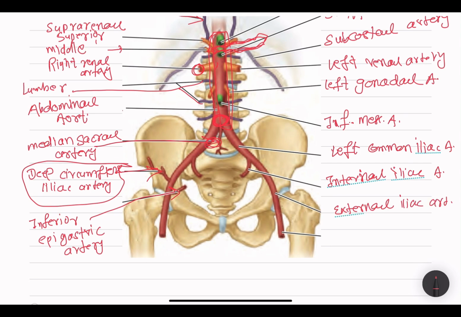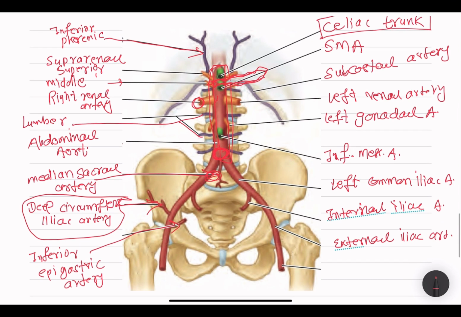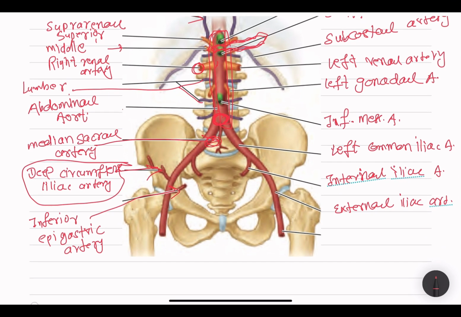So remember this diagram. Sometimes in the exam they give this diagram and tell you to write the names of the arteries supplying like this, so you have to understand. And last, this is the femoral artery.